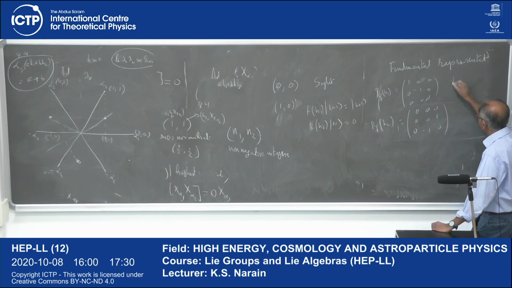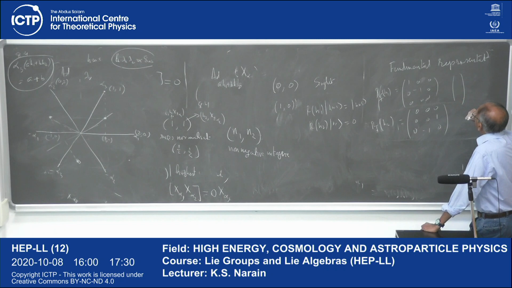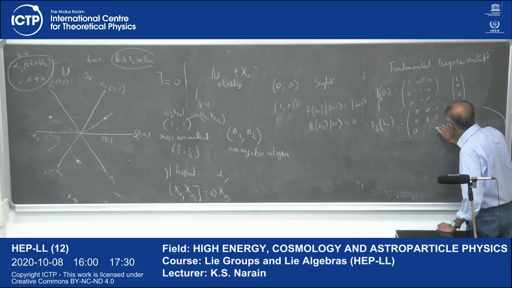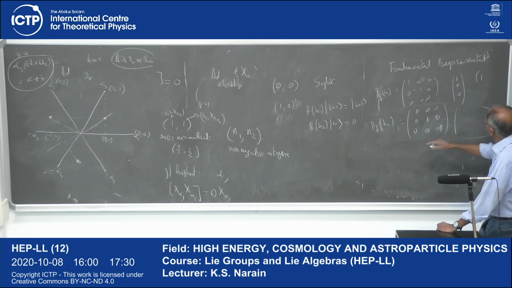So now if I look at any state here, what are the eigenvalues here? Let's see. I can look at 1, 0, 0, this one state. This is already diagonal, so what am I saying? H2 was this, 1 minus 1, 0. This is already diagonal, so you can read out the eigenvalues. With respect to H1, it will be 1. With respect to H2, it will be 0.